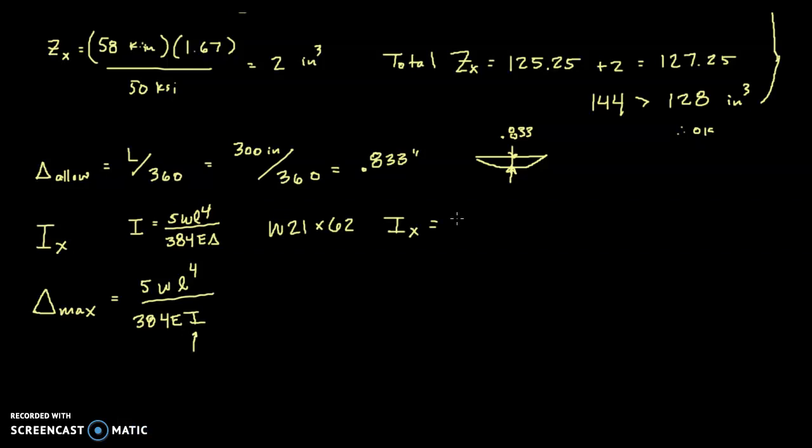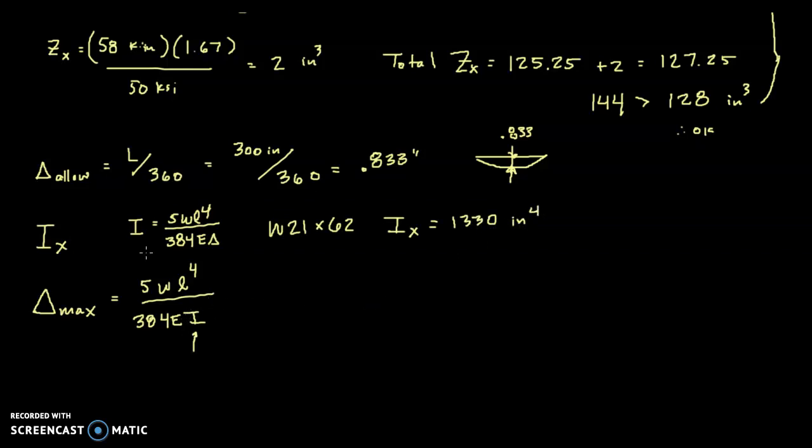Actually, we don't need to go to Appendix A, we can find that in the same appendix where we found our beam based on plastic section modulus, Appendix I. It lists both the plastic section modulus and the moment of inertia. And for a W21 by 62, that moment of inertia is 1330 inches to the 4th.